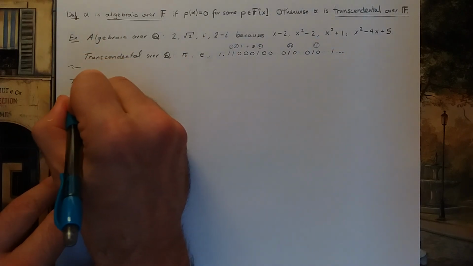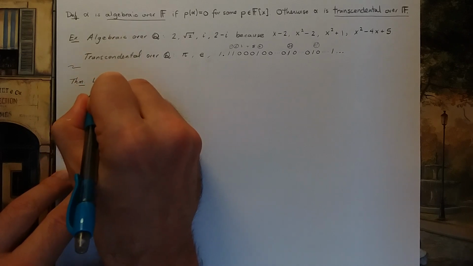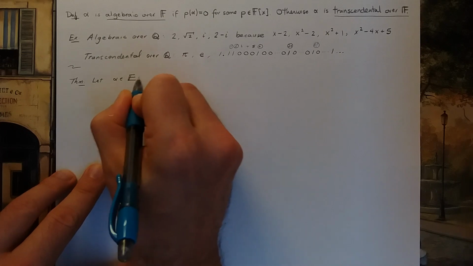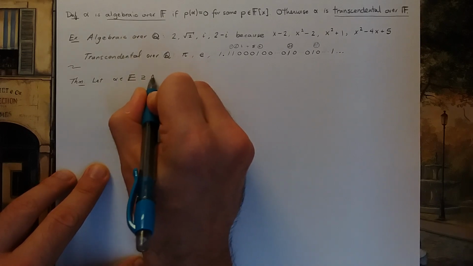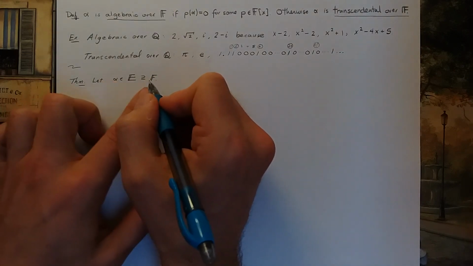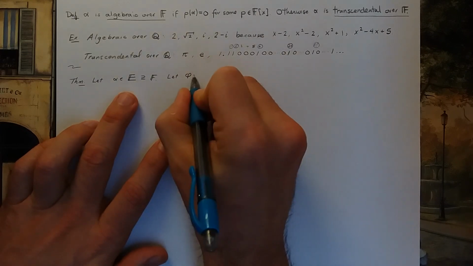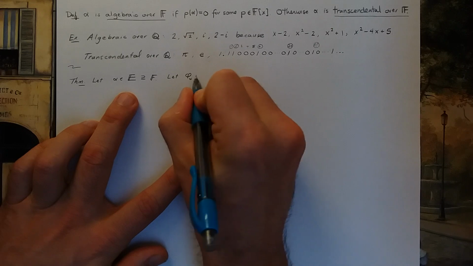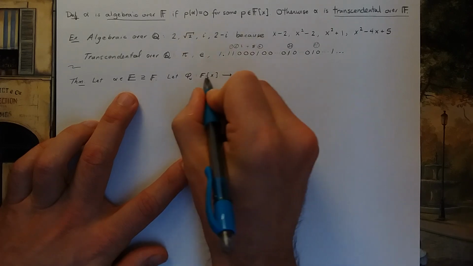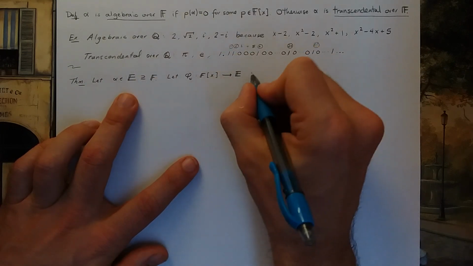So let's state and prove a theorem about algebraic and transcendental numbers. So here's the main theorem about them. Let alpha be an element in E, which I am going to tell you is an extension field of F. So alpha is in here, and I'm going to let phi denote the evaluation homomorphism that's going to take polynomials with coefficients in your field and give you back elements in your extension field.